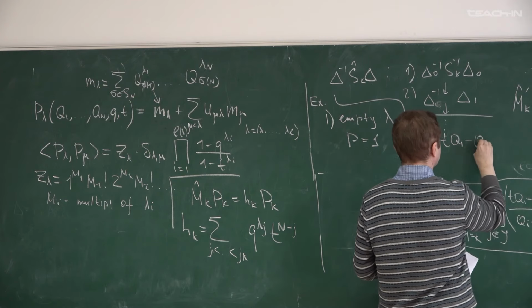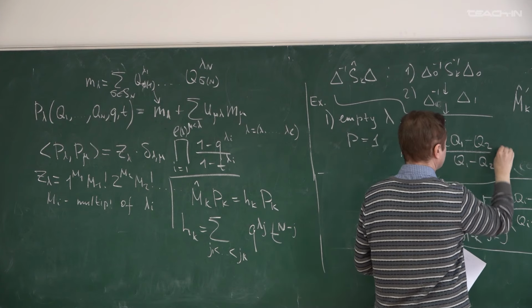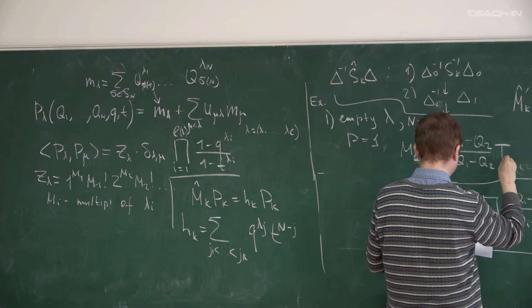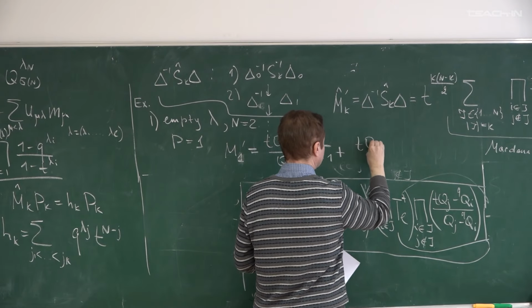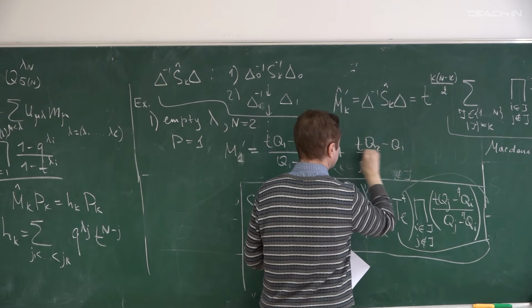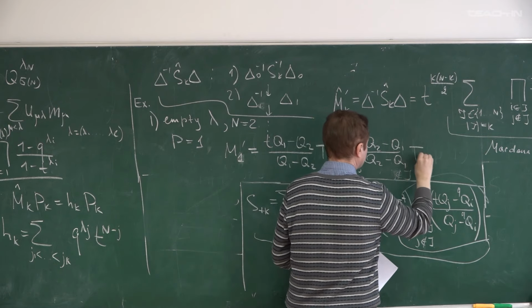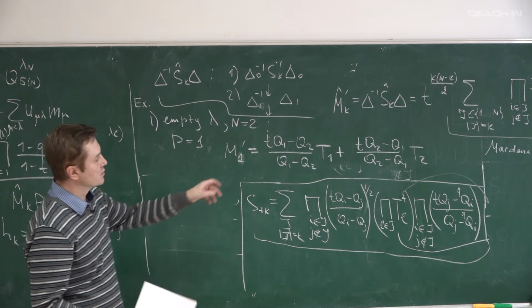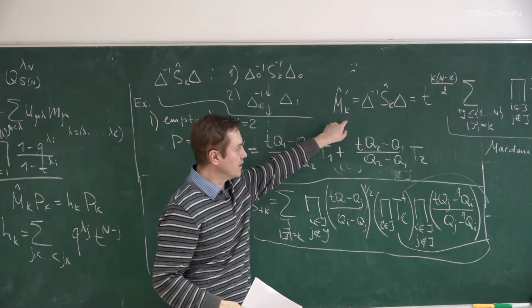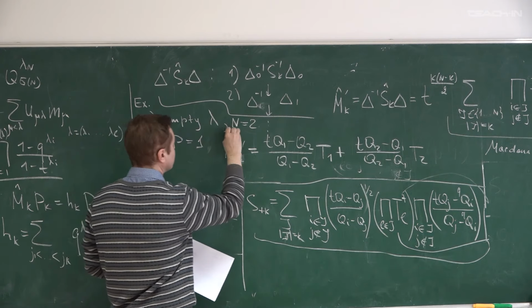Let me write the answer and then I explain. tq1 minus q1 minus q2, t1 plus tq2 minus q1 over q2 minus q1 t2. So this is the first operator when k is equal to 1 and n is equal to 2.